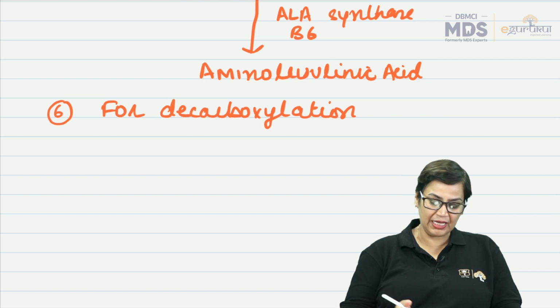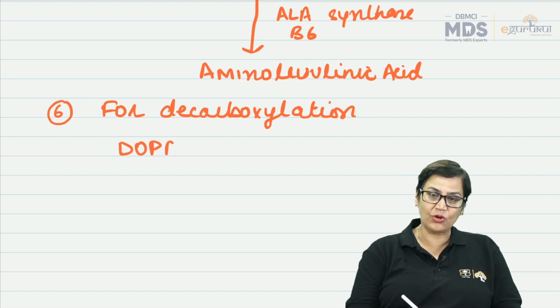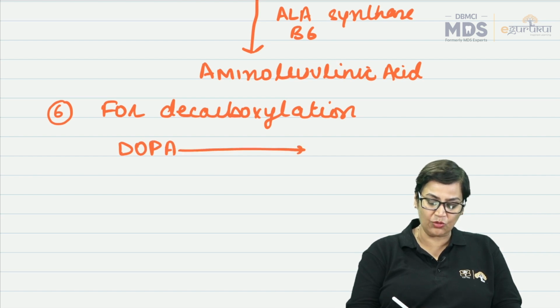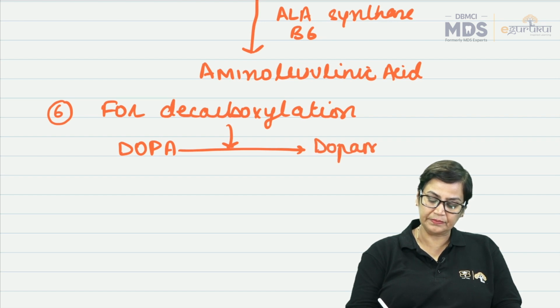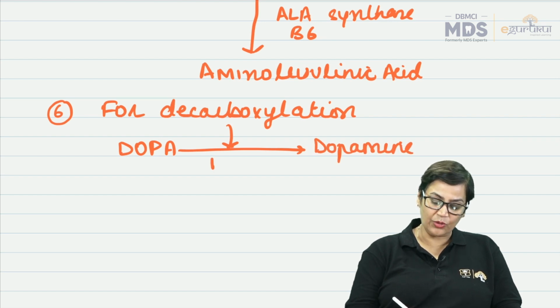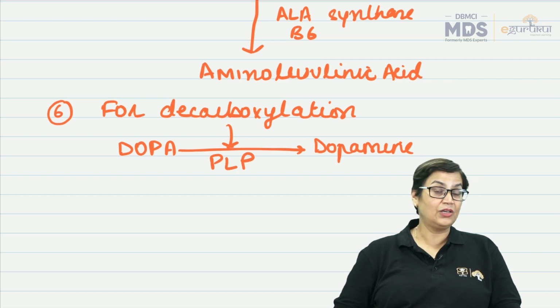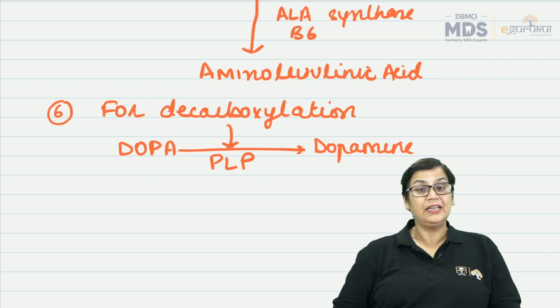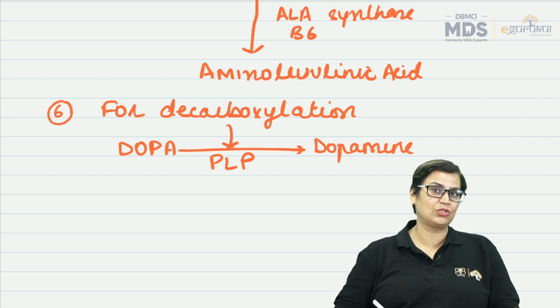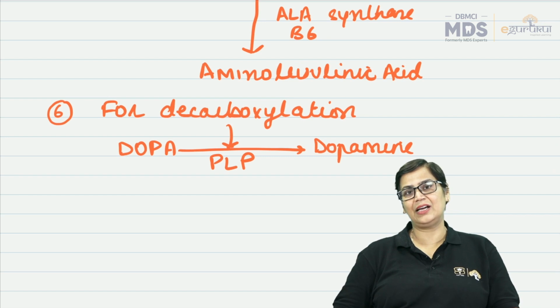Let's say I talk about decarboxylation: DOPA, dihydroxyphenylalanine, when it undergoes decarboxylation, will form dopamine. Here the coenzyme will be PLP, not TPP. Where will TPP be used? TPP will be used where oxygen is also involved, meaning oxidative decarboxylation.